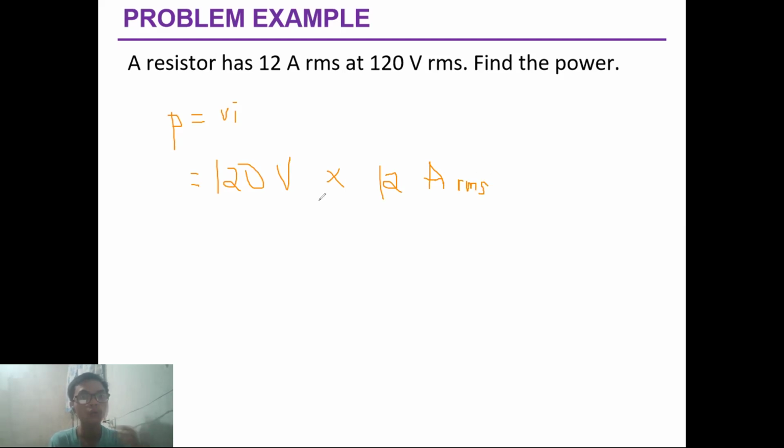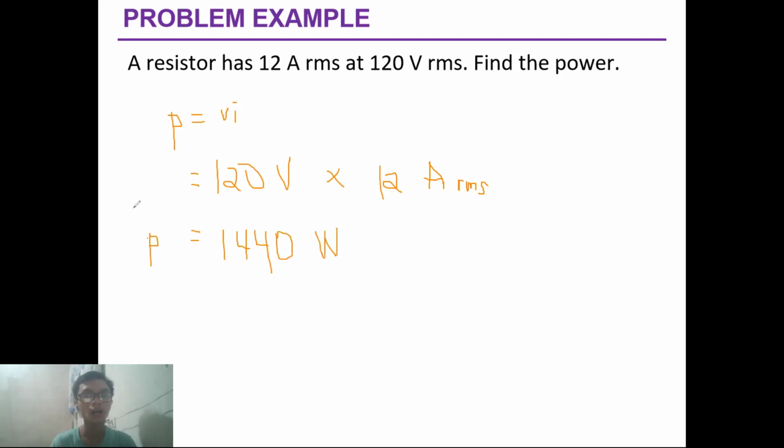So we have here 120 volts multiplied by 12 amperes RMS. Based on this calculation, we will get 1,440 watts.